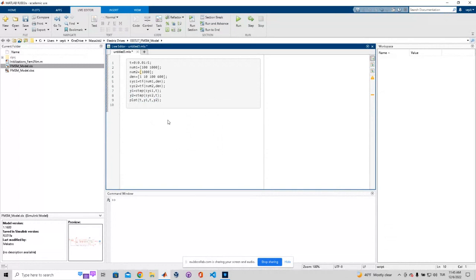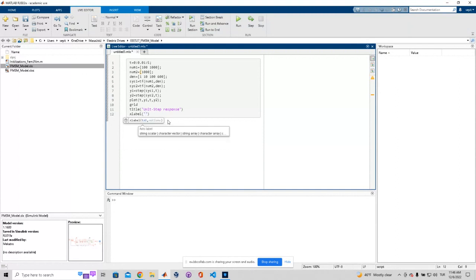Right? So let's go, and then you can add a title to your graph by just writing title. For example, this one will be unit step response. Then you can write the labels. Let's say xlabel first.